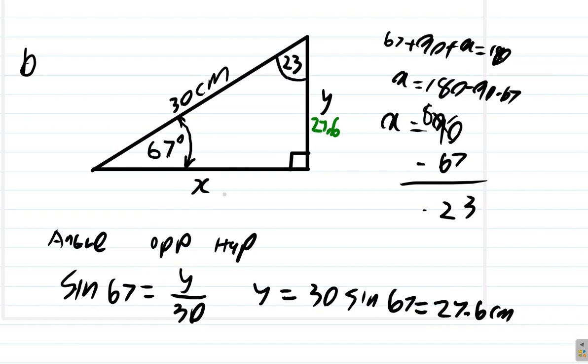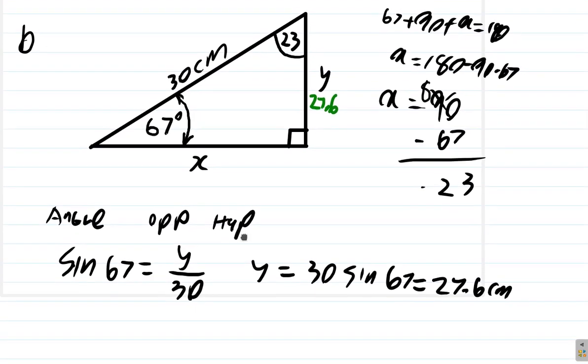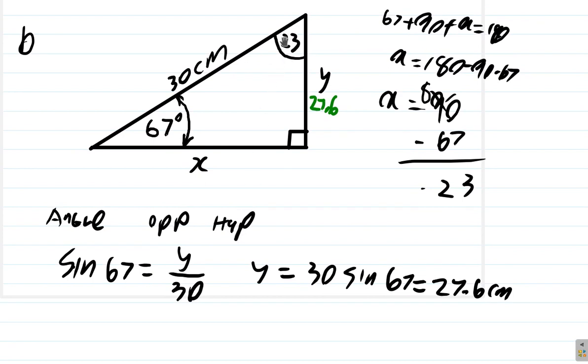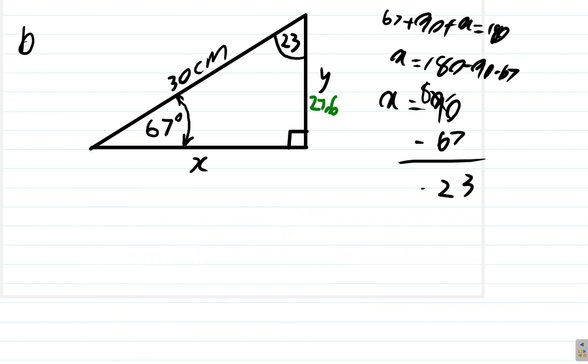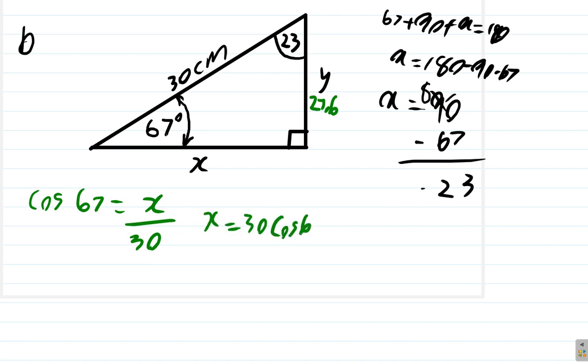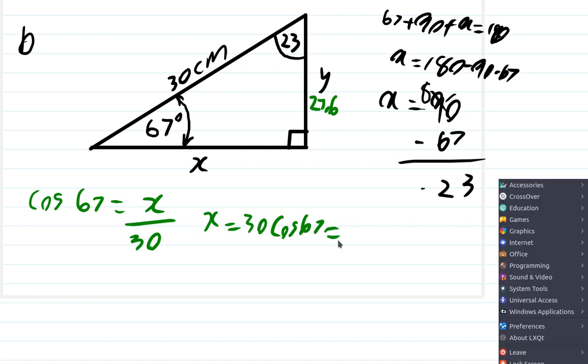What about x? We have two ways of doing it. We could use Pythagoras theorem, or we could use cosine using the 67, or we could use sine using the 23. Let's see what's happening here now. If we use cosine of 67 is adjacent, which is x, over hypotenuse, which is 30, we could transpose and get x is equal to 30 by cos 67.